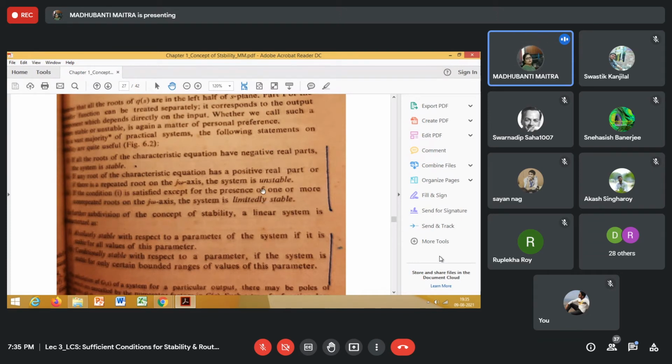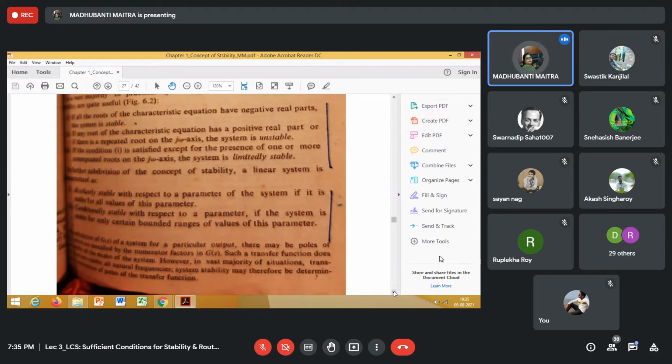The essence of this point is that most of the roots are in the left half of the S-plane, and only some simple roots are present on the imaginary axis. So the system is said to be limitedly stable. So we have classified a system and found the conditions of stability. A system could be either stable, unstable, or limitedly or marginally stable.